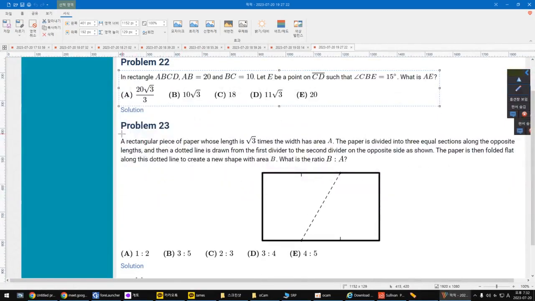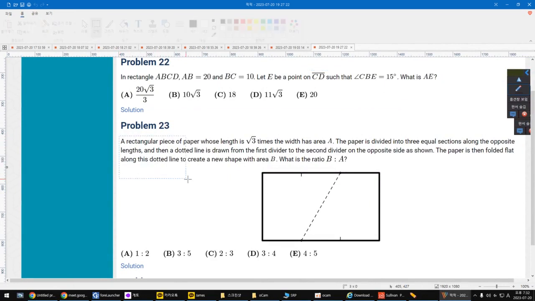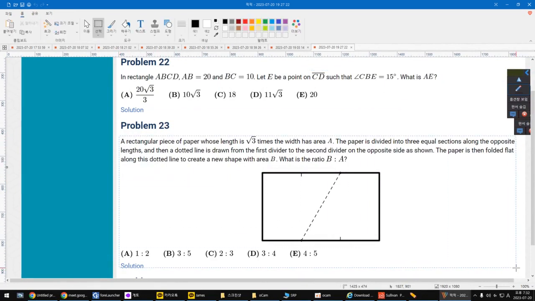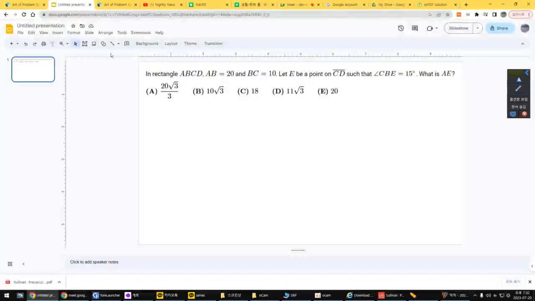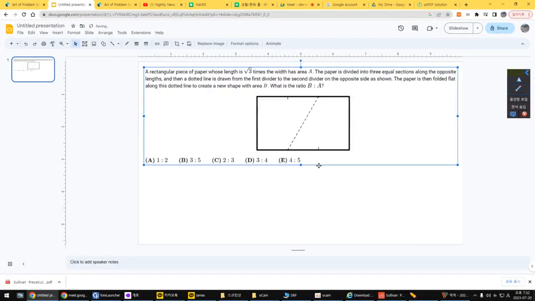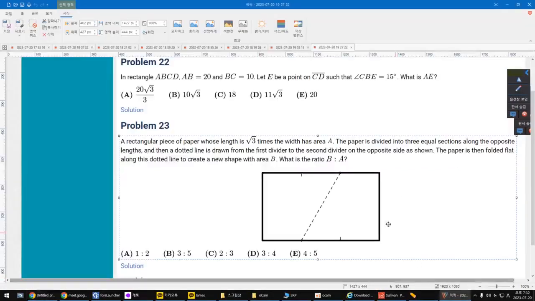And for number 23, let's make a separate figure.